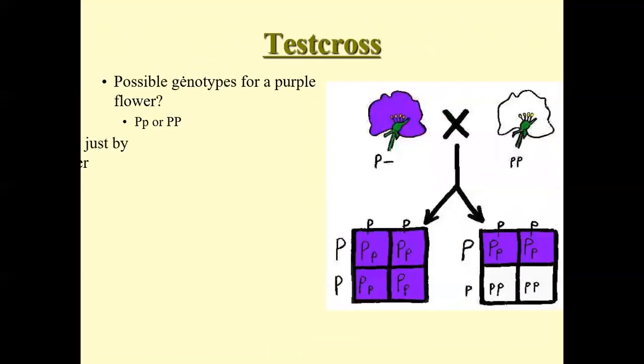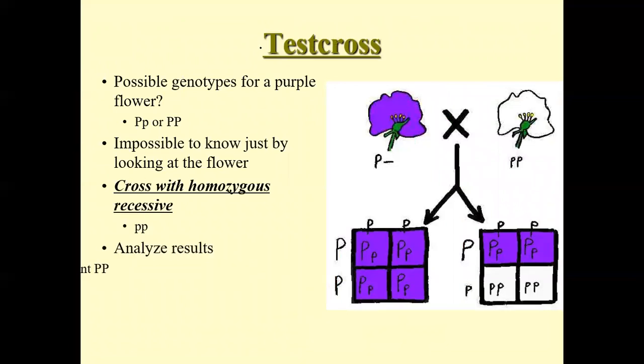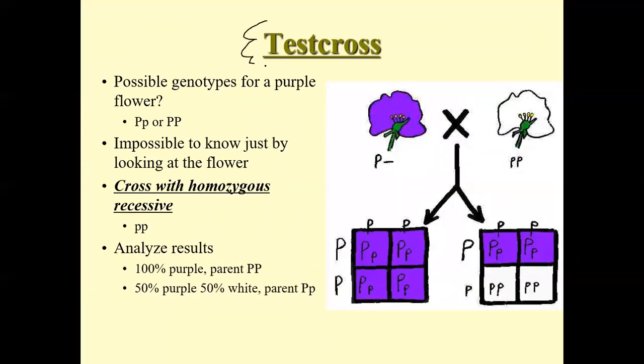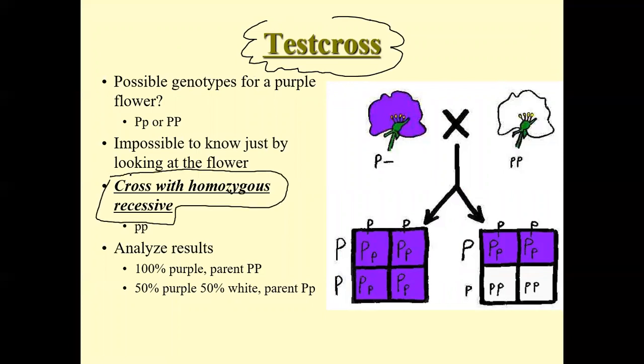So the only thing I'm going to emphasize right here is what is a test cross, because you will probably have to do this in one way, shape, or form. So when we say perform a test cross, you're going to cross with the homozygous recessive. So what is the point of a test cross?